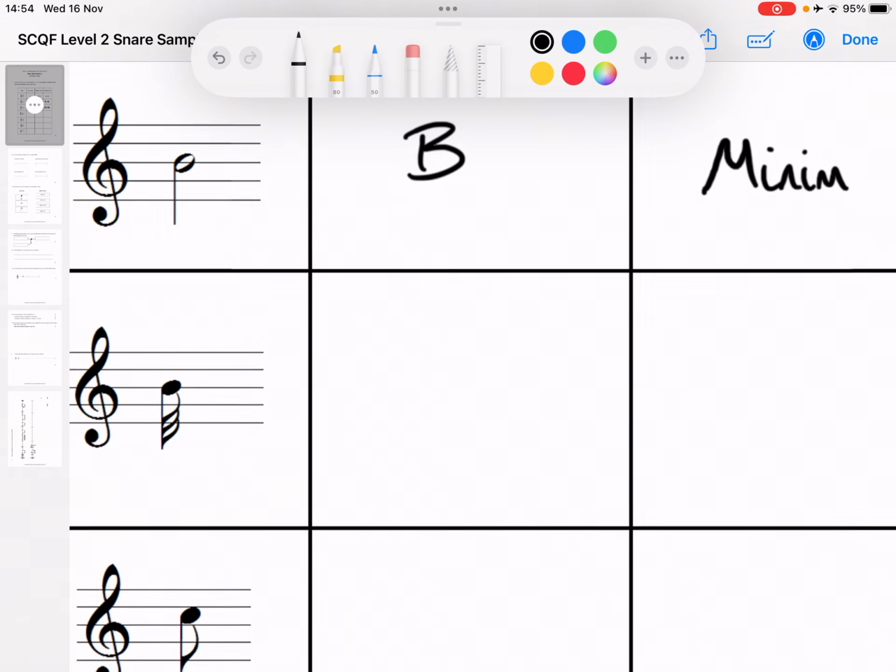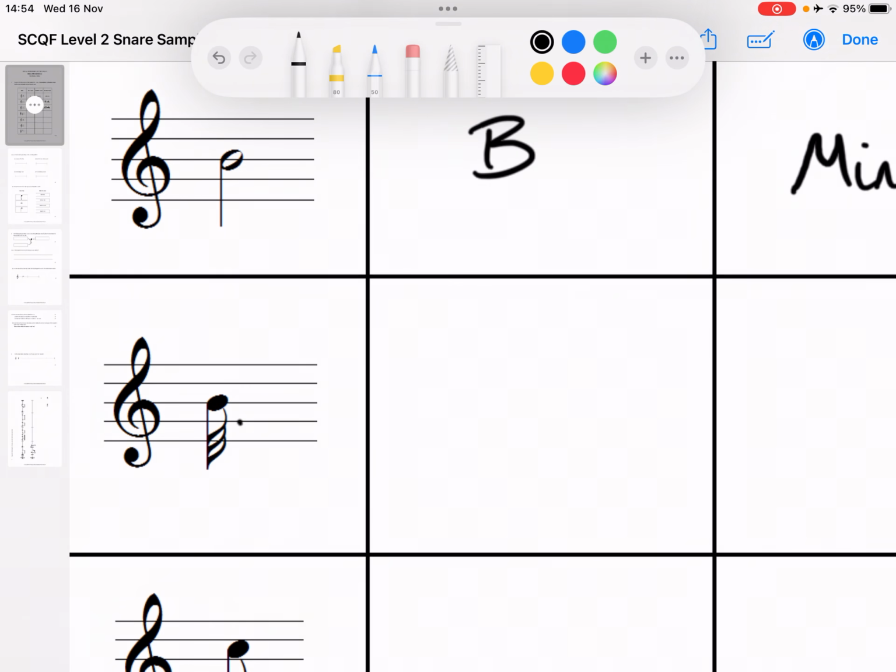And then next one, G, A, B. So that's a B. It's the exact same as that one. It's on the exact same position. And you might think, well, it can't be B because we've already had a B. If you think it's B and it's on that space, it is a B, boys and girls. Okay? And that's got 1, 2, 3 tails.